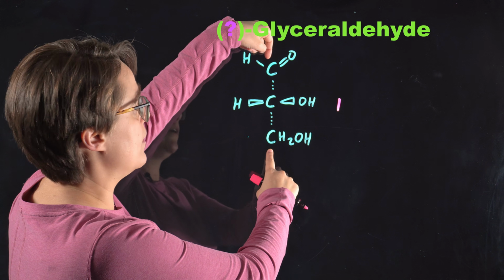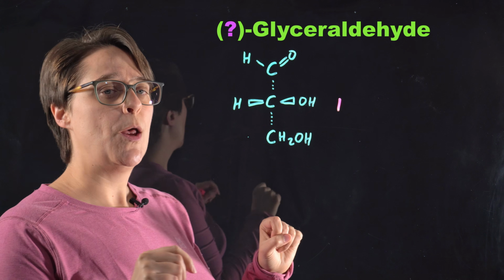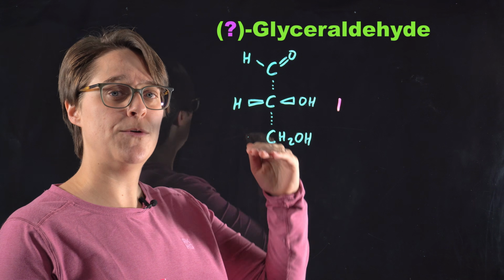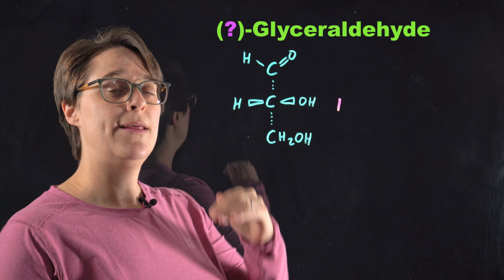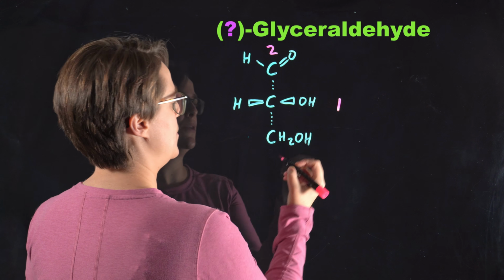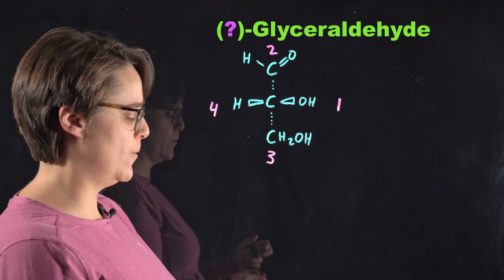Carbon needs a tiebreaker. Each of these carbons is bonded to a single oxygen. But a double bond, or any sort of higher multiple bond, is going to be a higher priority than a single bond. So that makes this priority 2, this priority 3. Once again, hydrogen is last, priority 4.